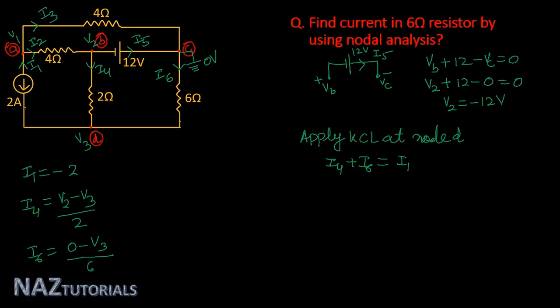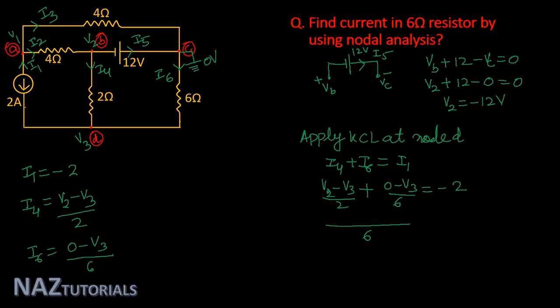So here we can put all these values: I4 is (V2 minus V3) divided by 2, plus I6 is (0 minus V3) divided by 6, and I1 is minus 2 ampere.